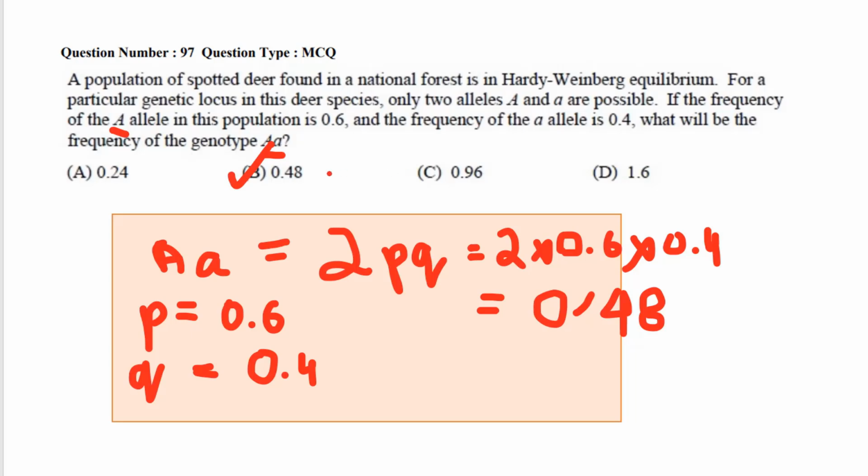So the answer would be B, 0.48 for genotype capital A small a.